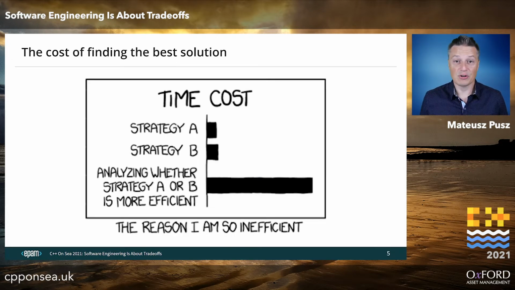And as I said already during the introduction, sometimes there's more than one way to do it. If there is a best one, great, just choose it. Unless it's maybe too expensive to develop and implement, then you have to make some trade-offs again.